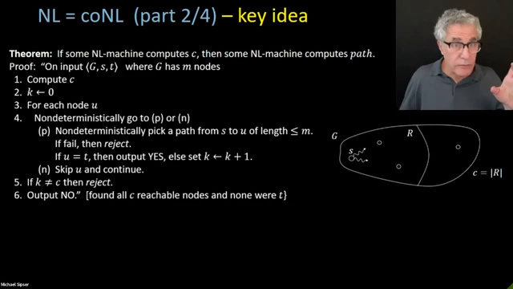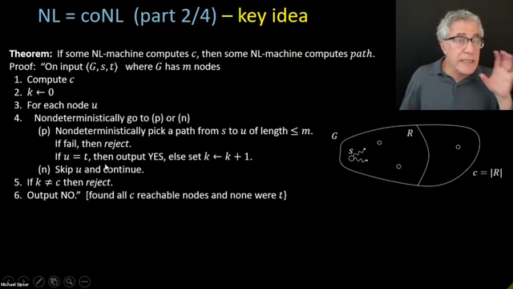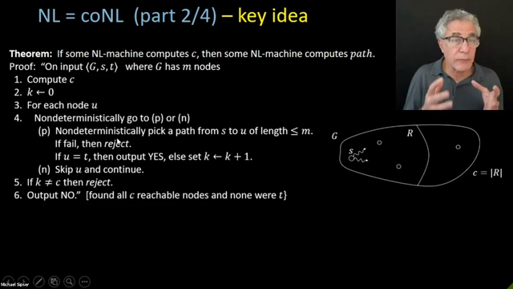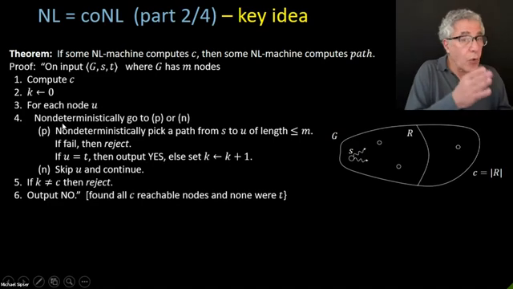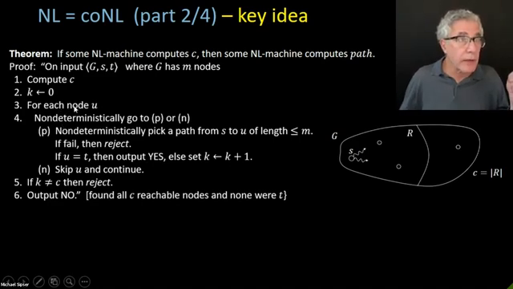That's a great question. And no, that's not going to happen. If T is actually reachable, how could a branch output no? That must mean that it does not guess T as one of the reachable nodes, because it's going through all of the nodes here, and it's picking them as reachable or not.